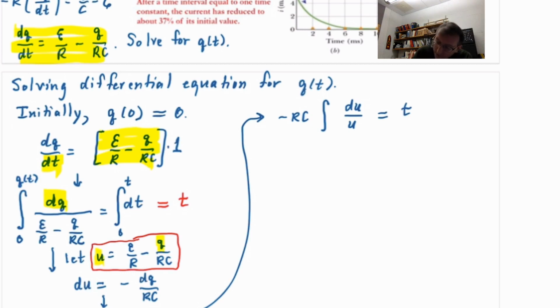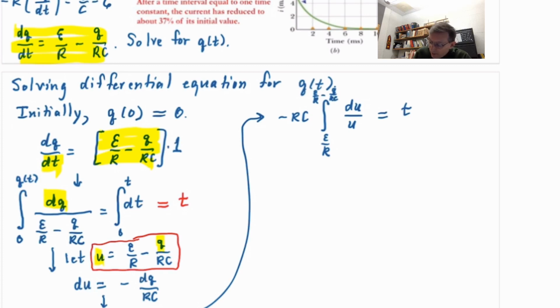So the lower limit for u, the initial value of u, is E over R. And the upper limit for Q is Q of t. So the upper limit for u is E over R minus Q over RC, where that Q is Q of t.